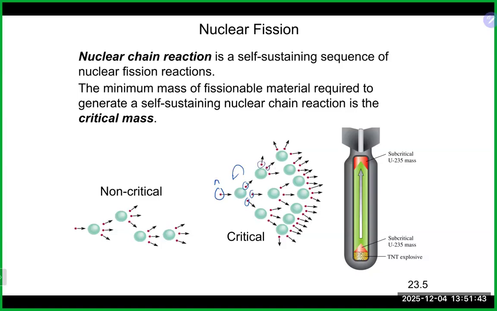Every time it does so, you're obviously making a lot of energy, a lot of radioactive products along the way. The minimum amount of mass that's required to keep this reaction going and going, that is what is known as the critical mass.